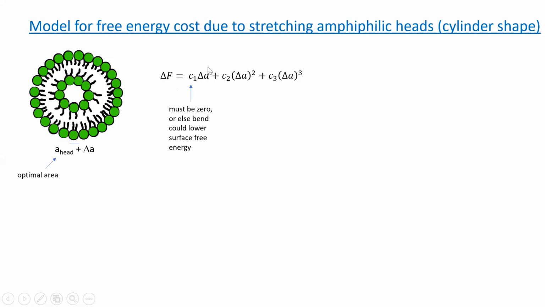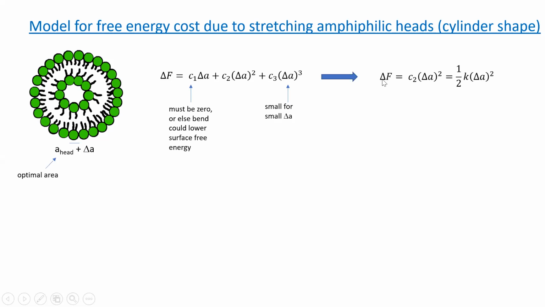And then this cubic term, we're assuming this delta A is fairly small compared to the area of the head. So delta A cubed is going to be a small number compared to delta A squared. So the linear term and the cubic term and further terms would drop out.